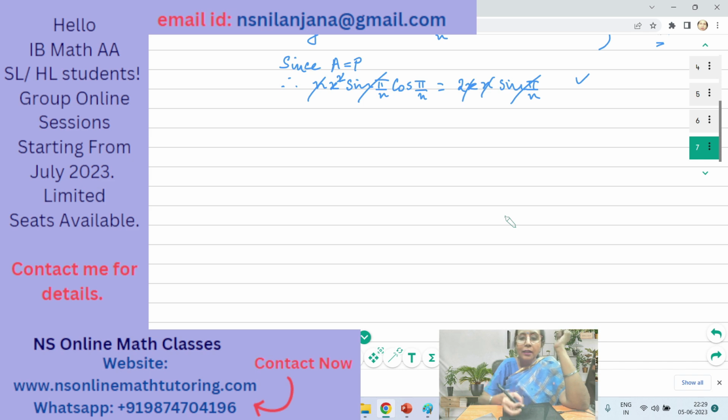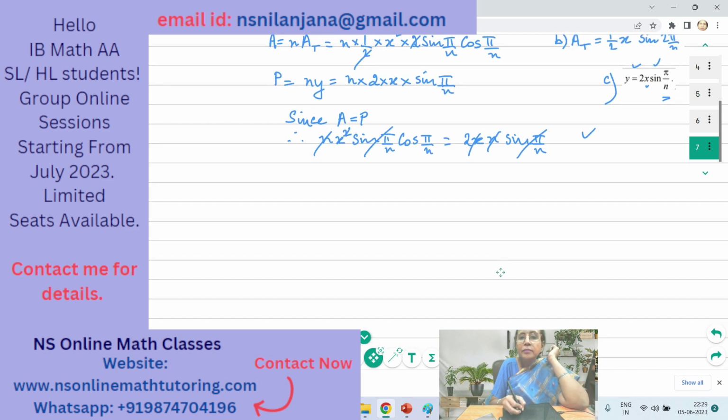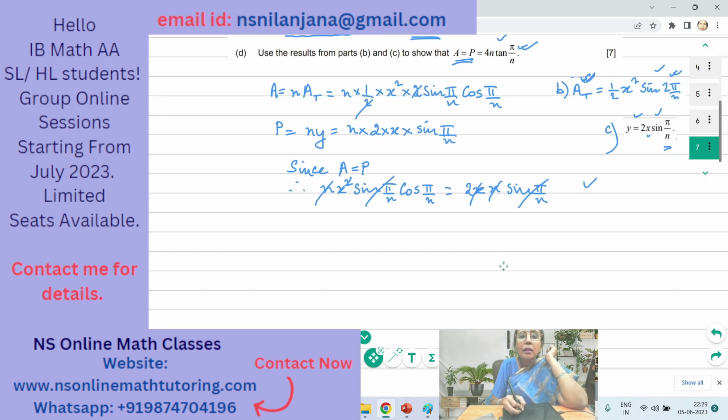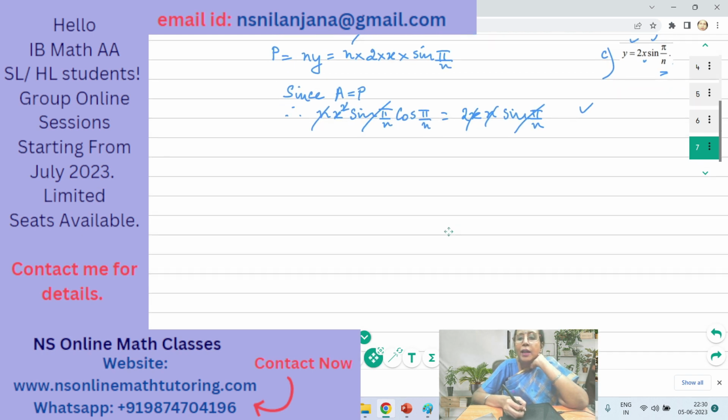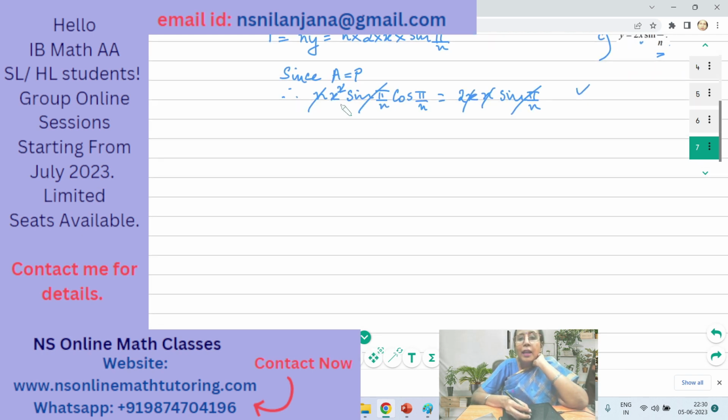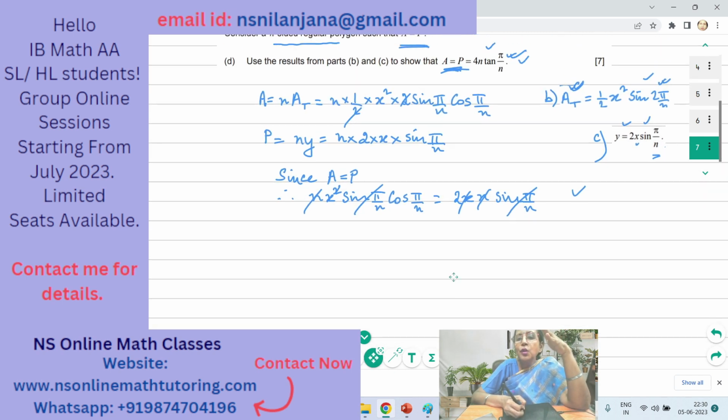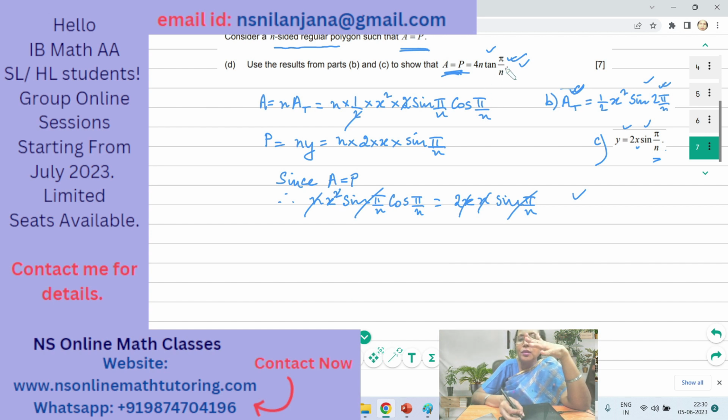For that, you have to come to this expression. We have equated A is equal to P, and we have come to this expression: x times cos pi by n equal to 2. And this is, of course, not equal to 4n times tan pi by n. We are not having n, we are not having tan. How to come to this?